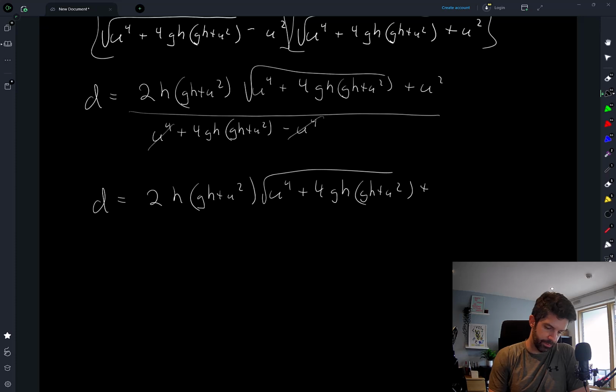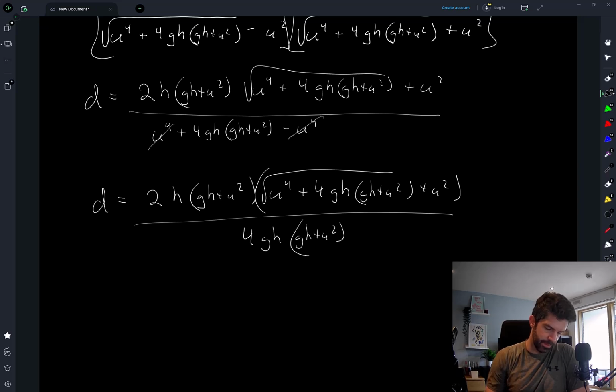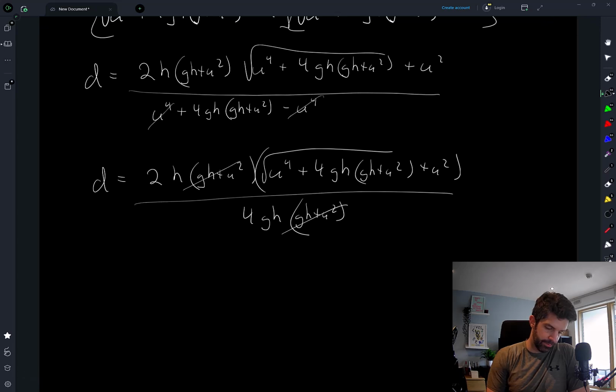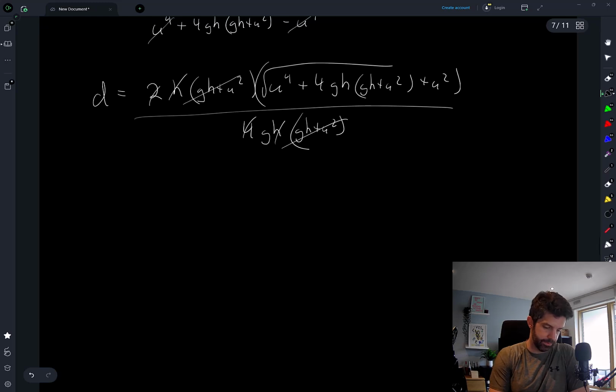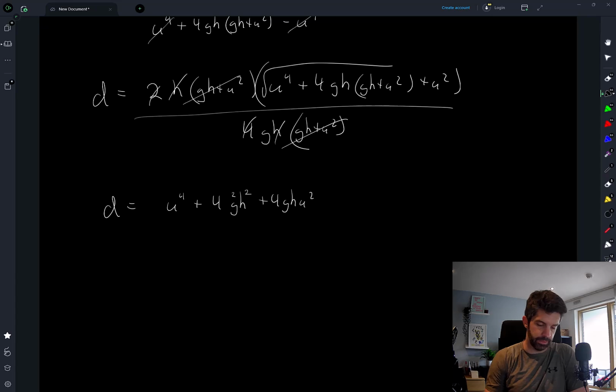Such a mess. Okay, gh plus u squared cancels, and h cancels. That cancels. We're left with 2g in the denominator. So I have d is equal to u to the 4 plus 4g squared h squared plus 4ghu squared. Oh, that is equal to something squared, isn't it? Of course. Oh my goodness.